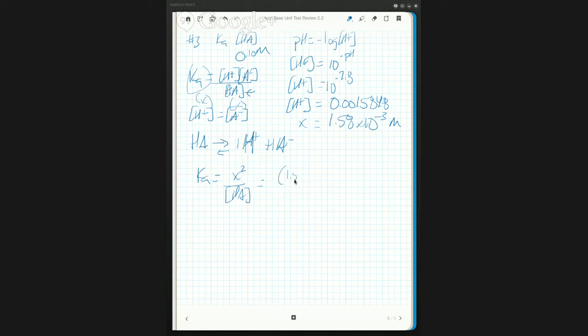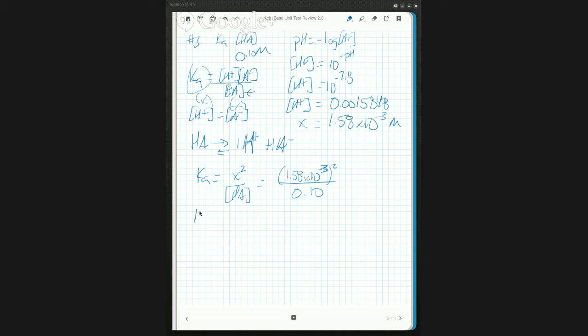So X is equal to 1.58 times 10 to the negative third, squared, divided by 0.10. So I'm going to square that number, and then divide it by 0.1.